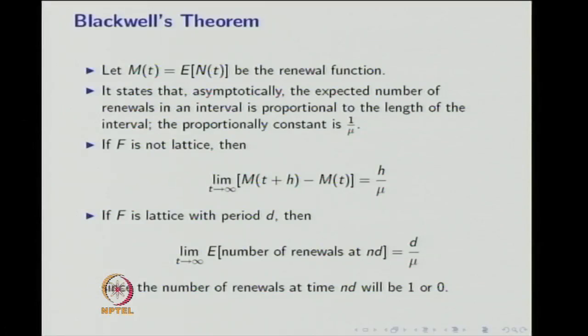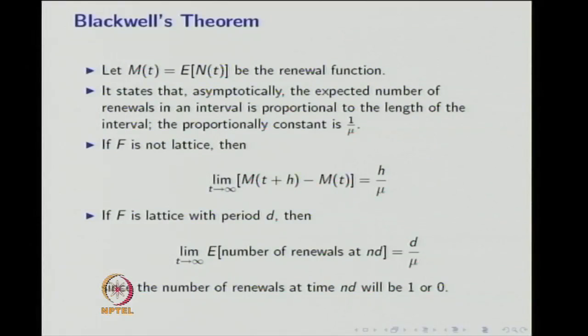If F is not lattice, then the limit as t tends to infinity of the renewal function evaluated at t plus h minus the renewal function at t is the same as the interval length multiplied by 1 by mu. 1 by mu is the proportionality constant, and the length is h, because you are evaluating the renewal function between the interval t to t plus h.